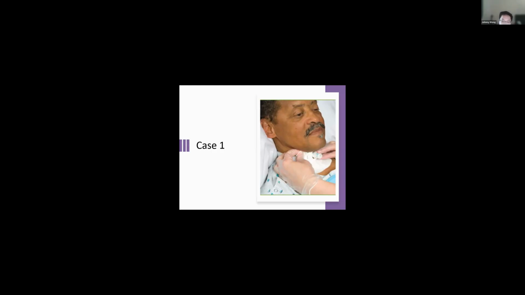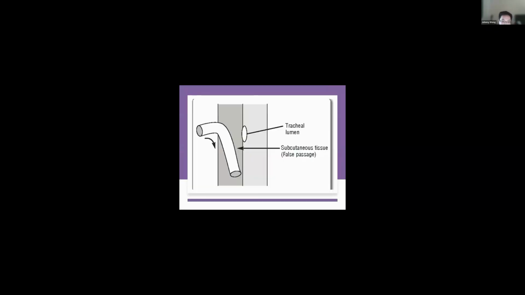So, post-op day 3, this trach is very immature. Yeah, false passage. While it may sound very harmless to just push it right back in, because of the immaturity of the stoma, it can very easily go into the wrong place. From the outside it looks like it's in the stoma, but on the inside you may be in subcutaneous tissue.